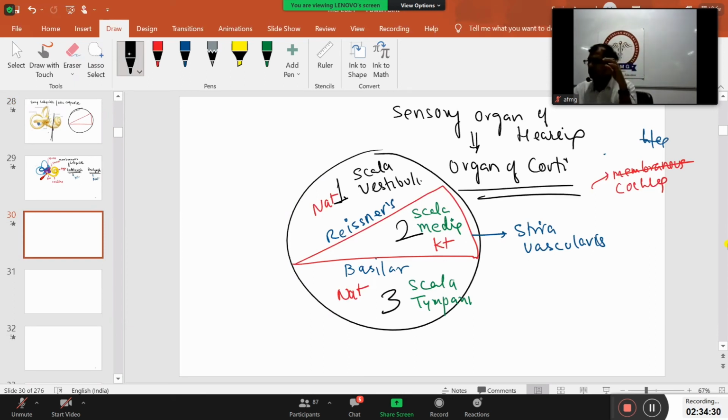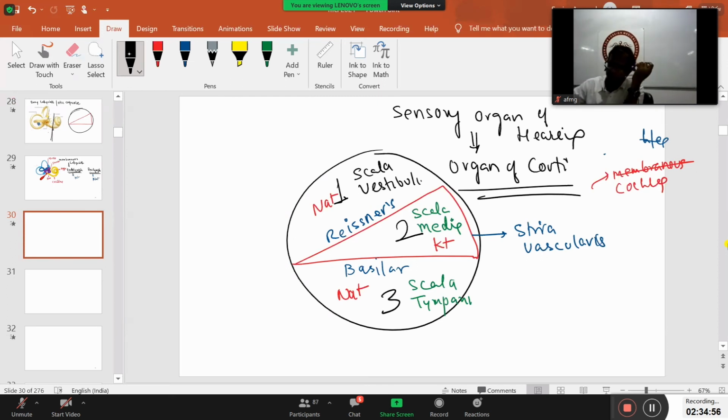This is the most important thing, single thing for hearing. Without organ of Corti, you simply cannot hear. You may have everything else, no organ of Corti, no hearing.